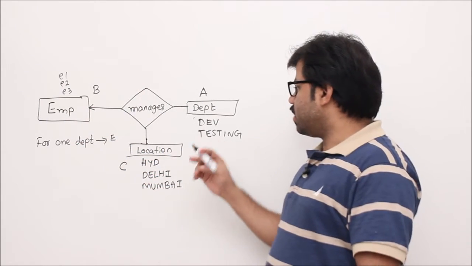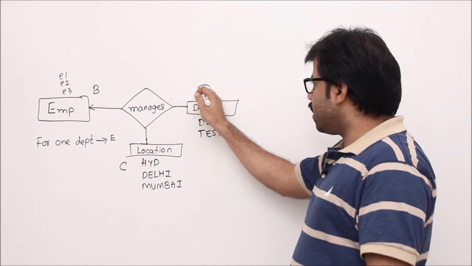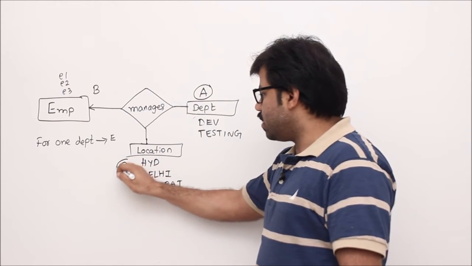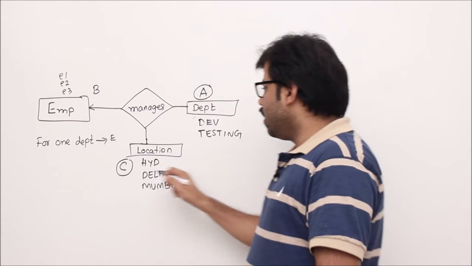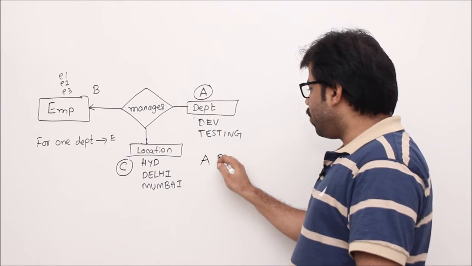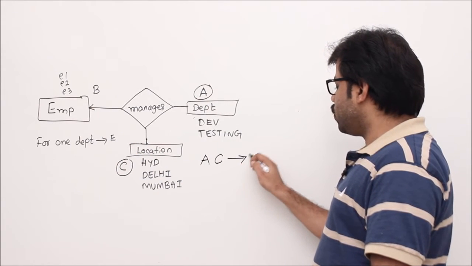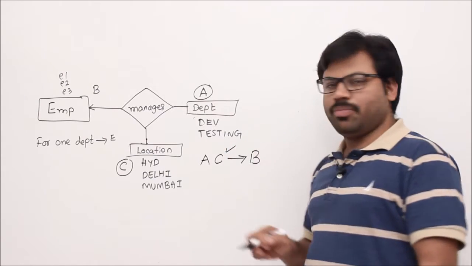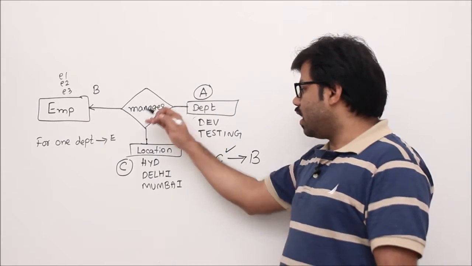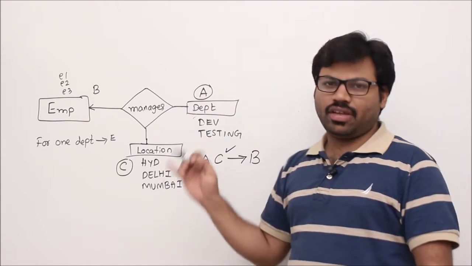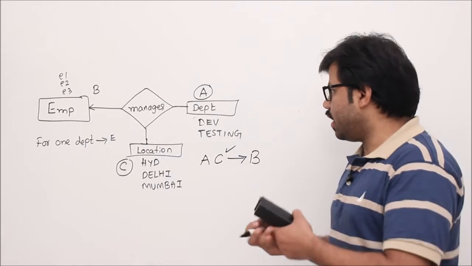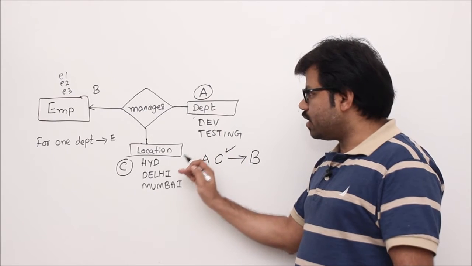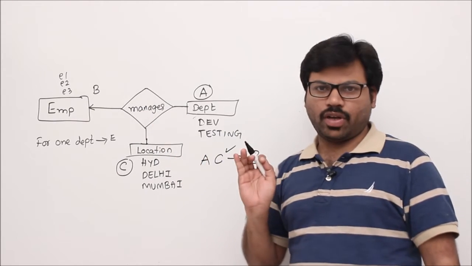That means I can say this is, let's say, relation A, this is relation C, this is relation B, then the AC combination has at most one B. In normalization theory, this is nothing but AC determines B. So we have a constraint that can be converted to AC to B. That's quite easy to understand, correct? For every department and location, there should be at most one employee.